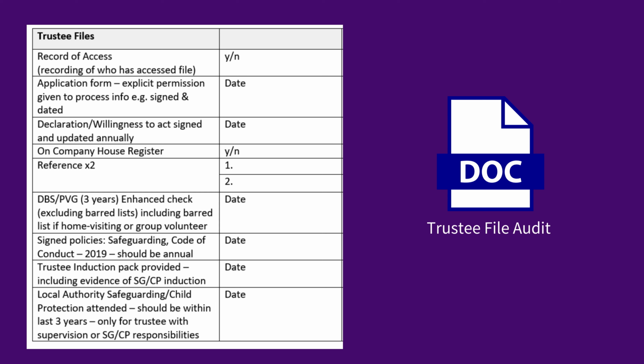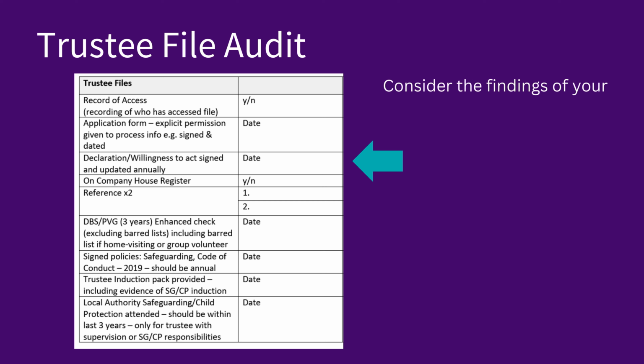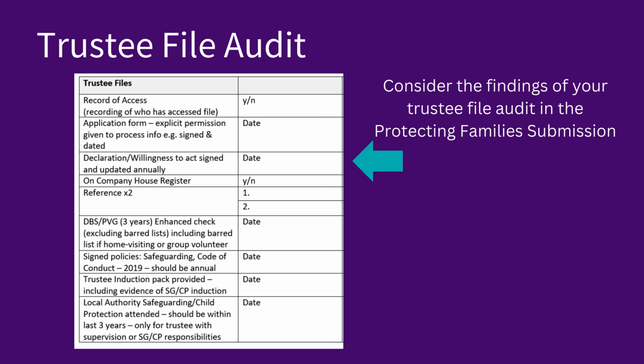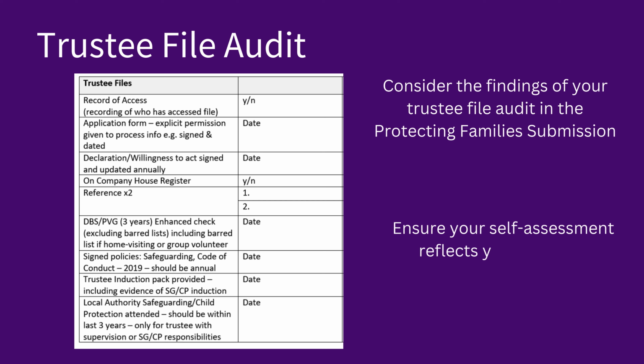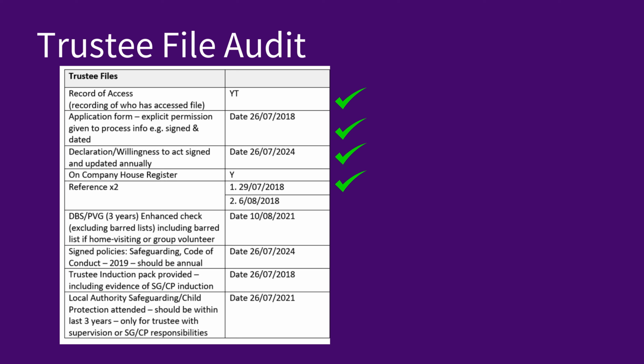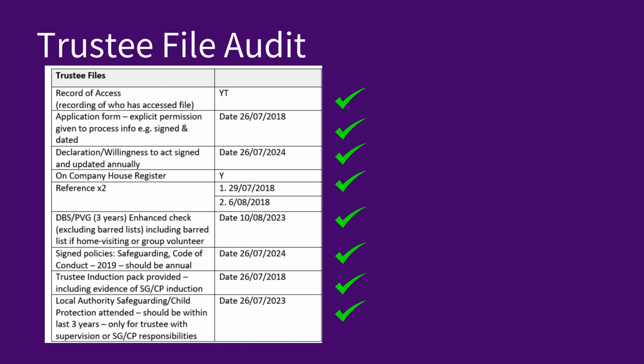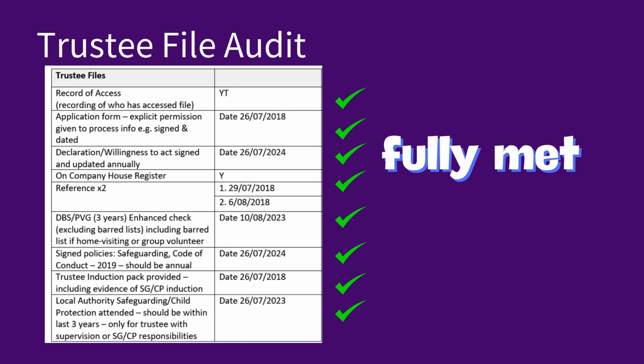So what we would have expected is that when you self-assess against this indicator, you will have taken into consideration the findings of your trustee file audit and that your self-assessment reflects that. So when you did your file audits, if the trustee files you sampled all had eligibility declarations in place that were in date, then you would be able to confidently self-assess as fully met.